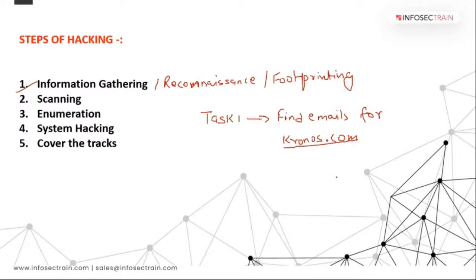You have to find what emails it is using, like Ashish at the rate chronos.com, Abhishek at the rate chronos.com, Diego at the rate chronos.com. These types of emails you have to find out. I'll give you guys 2 minutes. You have to find it quickly and reply in the chat.